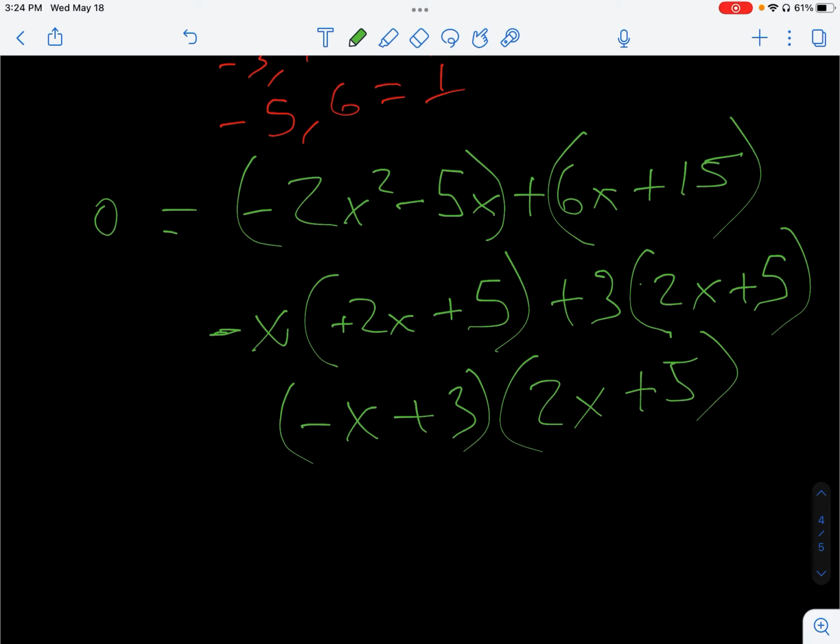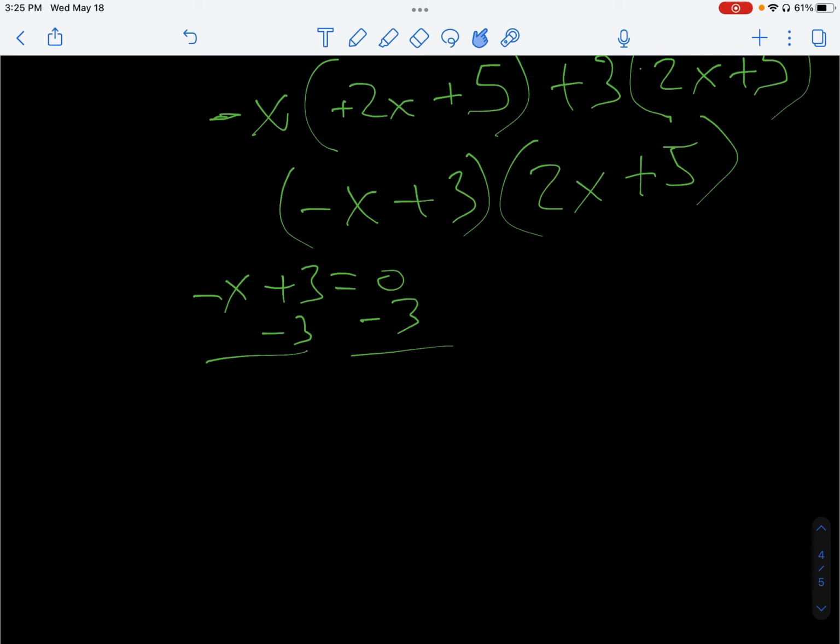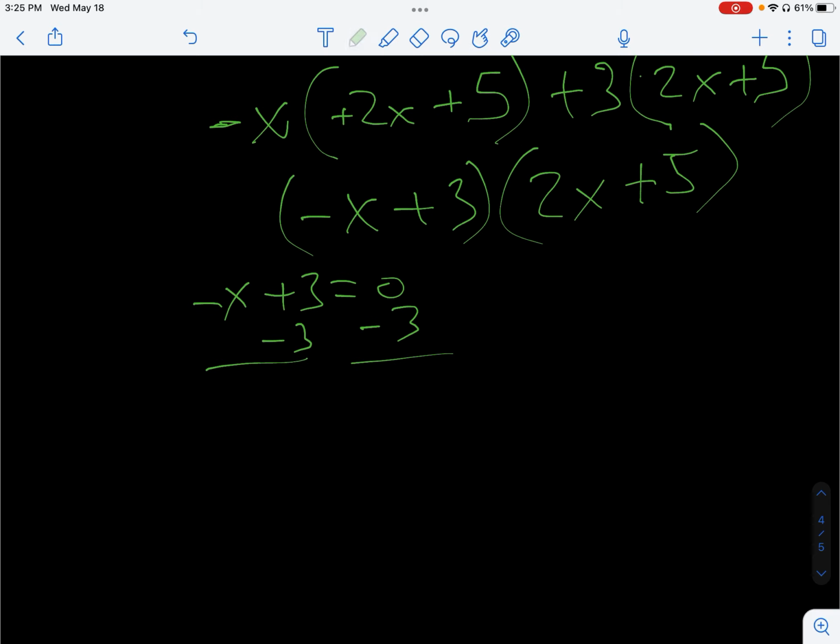Well, I can set each one of those individually to 0, and solve for x. So negative x plus 3 equals 0. So we're going to subtract 3 from both sides, and we're going to end up with negative x equals negative 3. So x equals 3.